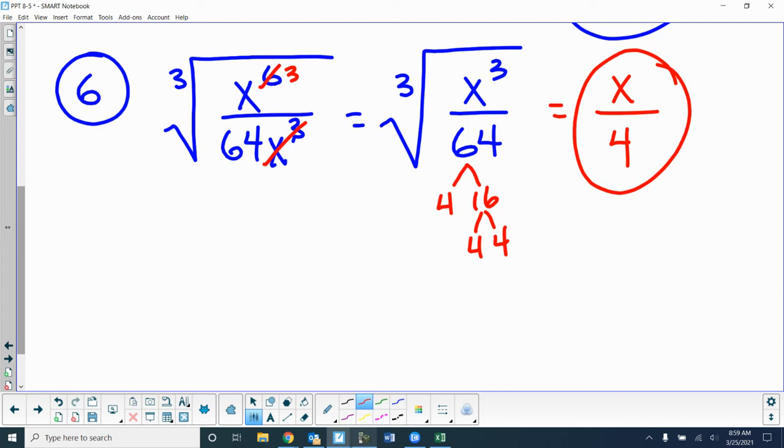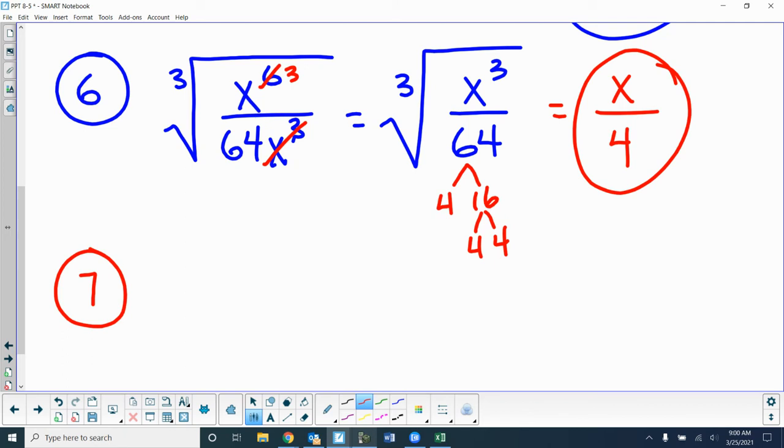All right. Number 7. Some of you said there's no answer. If my denominator was even, like 1/2 or 1/4 or 1/6, meaning a square root or a 4th root or a 6th root, there's no solution because of the negative.